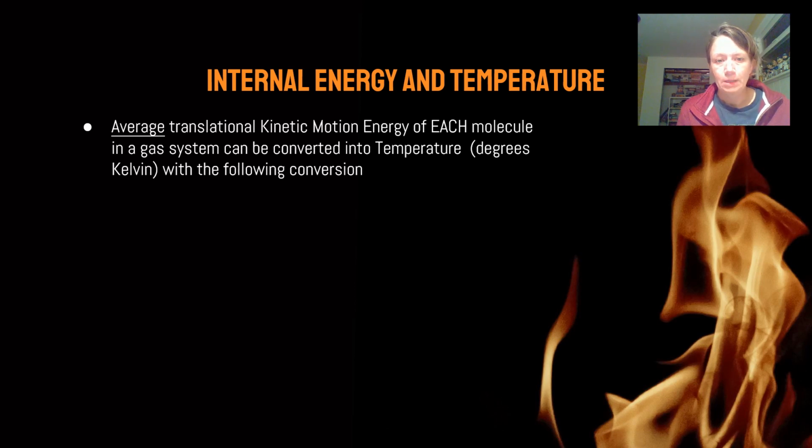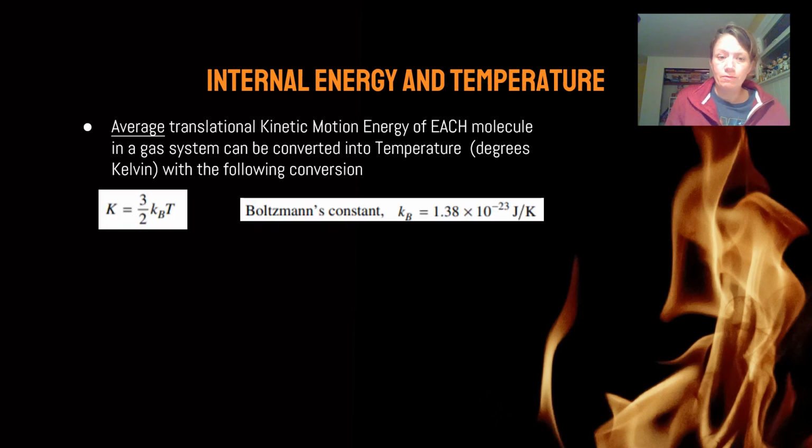The average kinetic motion energy of the molecules in a gas system can be converted to the temperature, measured in degrees Kelvin, with the following conversion. So in this equation, K represents the average kinetic energy of one of the particles in any kind of gas system.